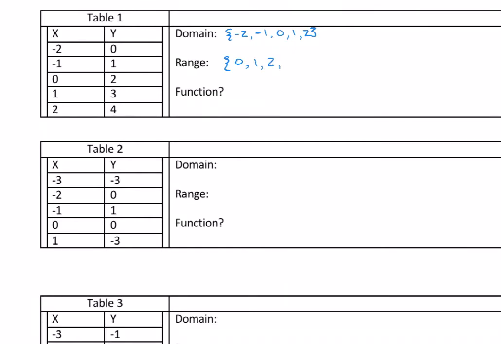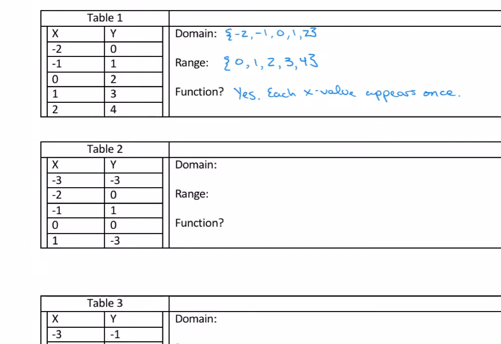And our y coordinates here are 0, 1, 2, 3, and 4. The last question that we want to know is, does this represent a function? This one does represent a function. Each x value appears once. There is no repetition in our x column, so it is a function.